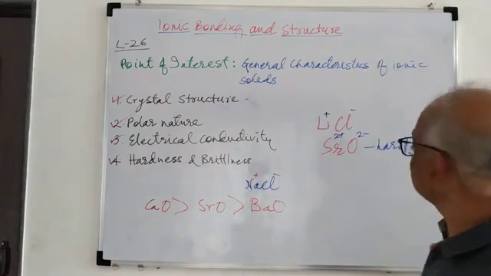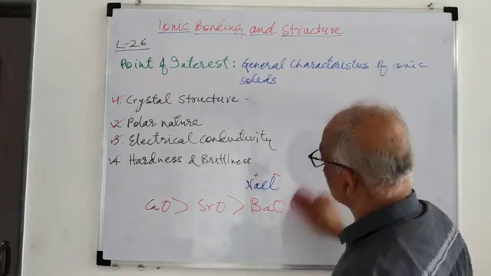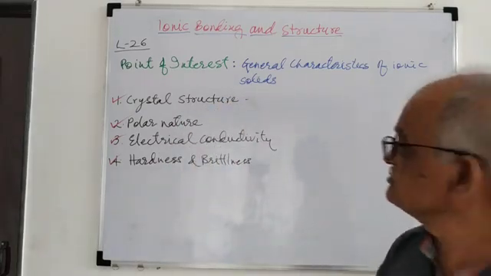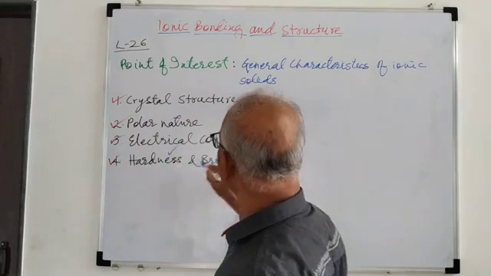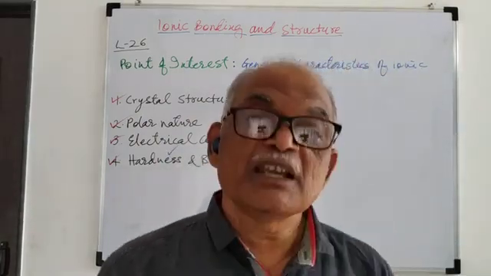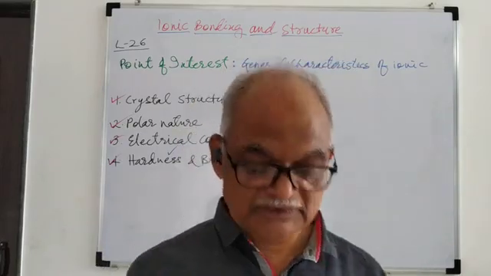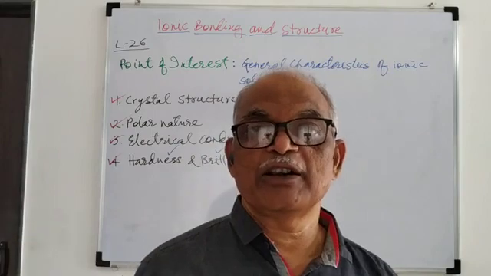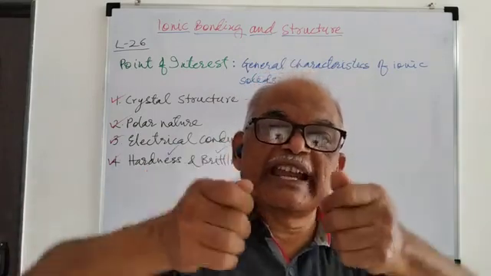Then we can show another behavior, that is brittleness. So it has hardness and brittleness. Brittleness means, if we consider a chalk stick, a chalk which is used for writing on the blackboard, we can break it easily.